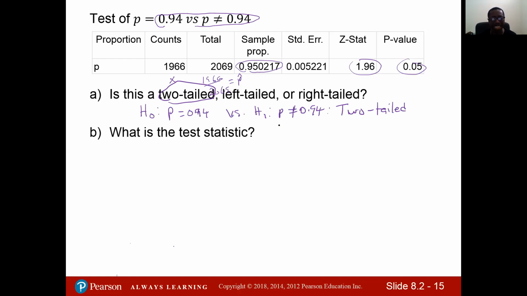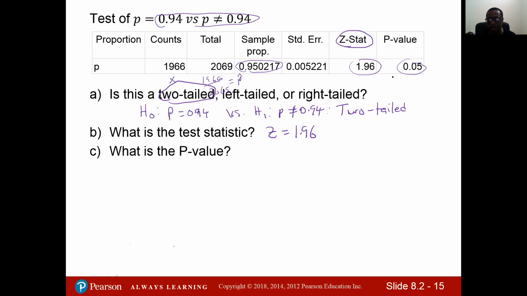B, what is the test statistic? You see that this is the Z statistic. So the test statistic, which is a Z, in this case is 1.96 from the table. This is from StatCrunch, you see that. And then it asks what is the p-value? The p-value is this.